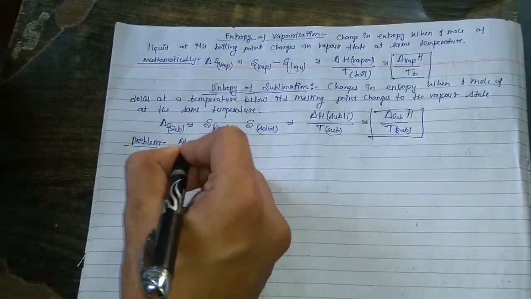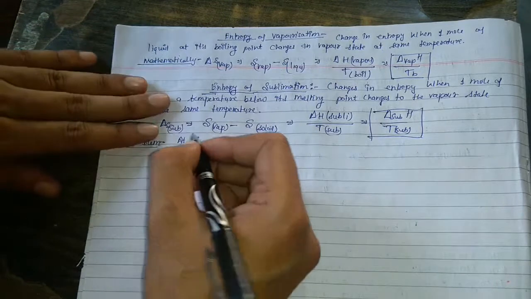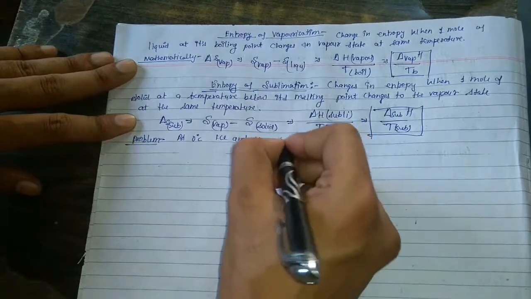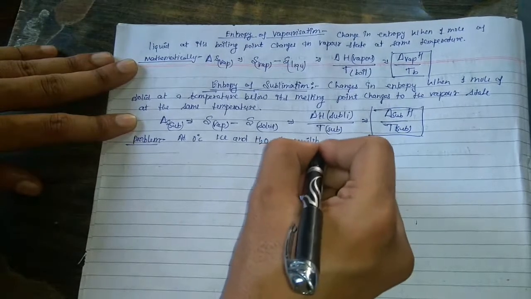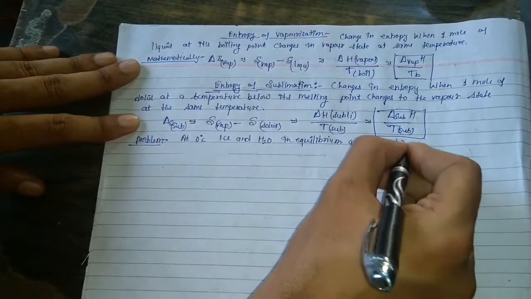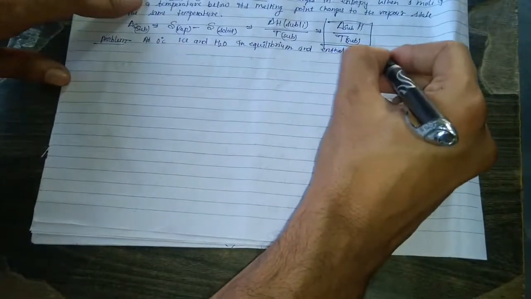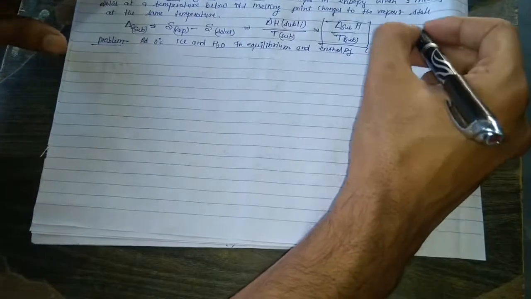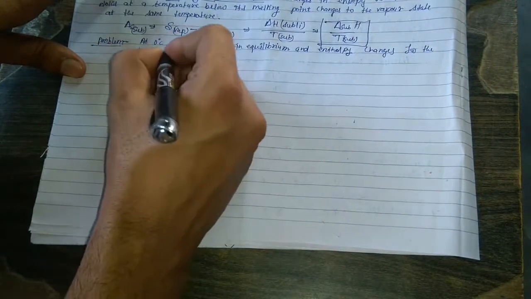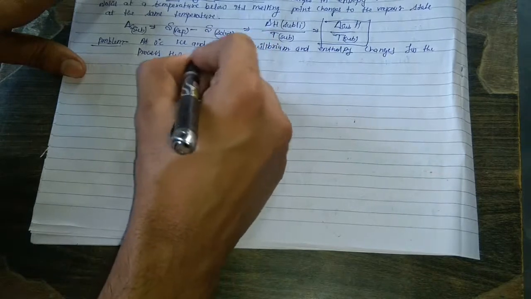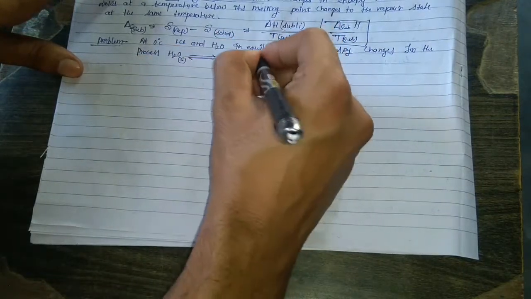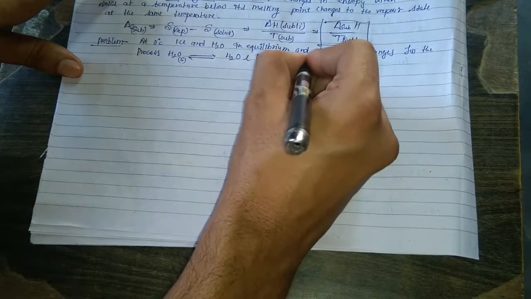At 0 degrees Celsius, ice and water H2O are in equilibrium, and the enthalpy change for the process H2O solid to H2O liquid, this is solid to liquid, is 6.0 kilojoule per mole.